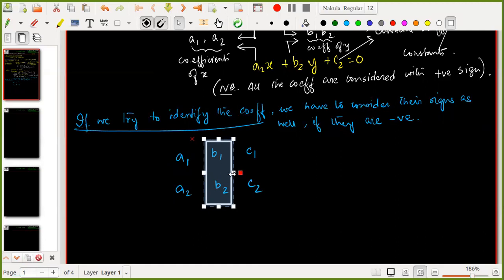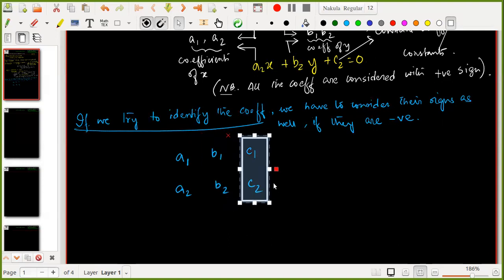And we are considering the solution of y. So first for A1, A2 we are considering the solution of x, for B1, B2 we are considering the solution of y, and then for C1, C2 we are actually considering the solution for the constant term, which we are going to refer to with the variable as nothing but 1.